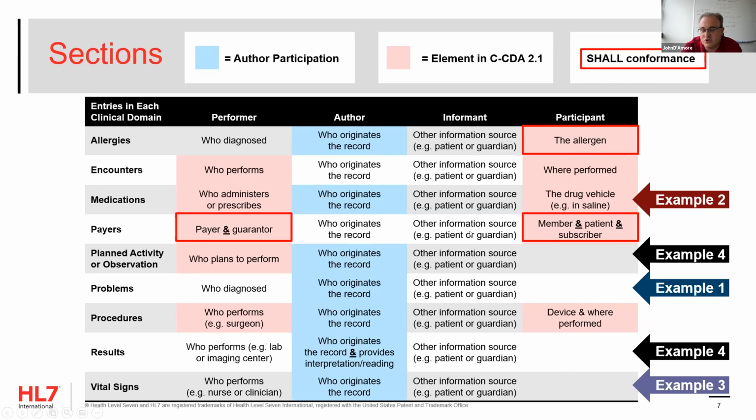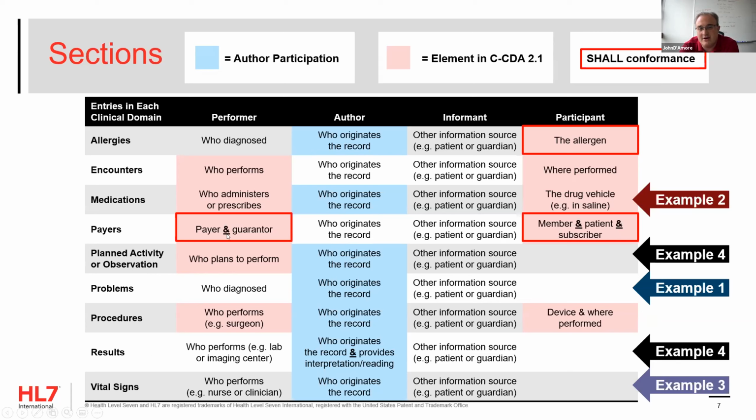So what I'm going to do is run through those 4 examples. The first example will be a problems one. The second example will be a medication one. The third example will be a vital signs one. And then the 4th example will be both a planned observation and also a result, essentially an order for a lab and then its results coming back.